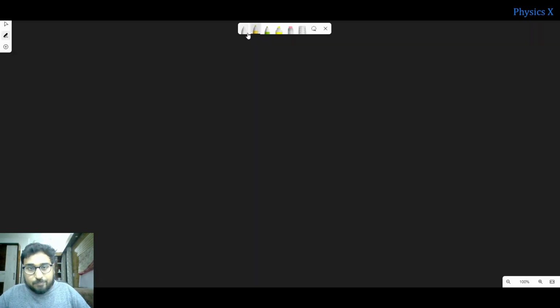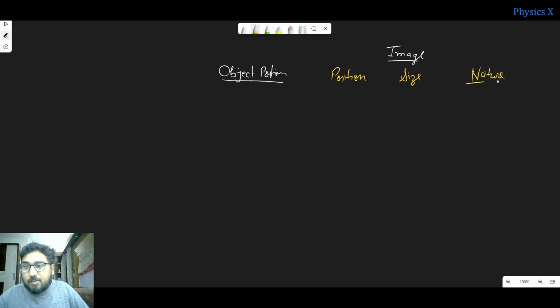So we consider these two. This is object position, and now here I will be talking about the image: image position, image size, and image nature. These are the three things which we need to always keep in mind.